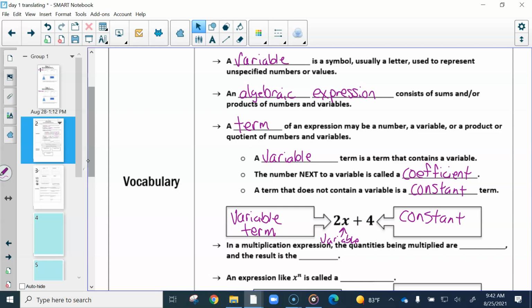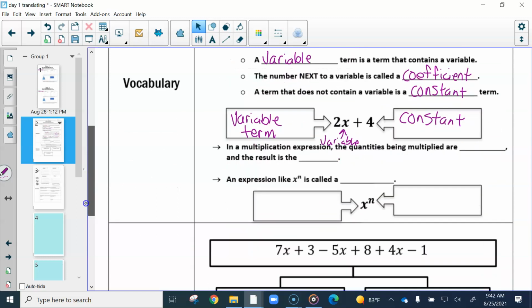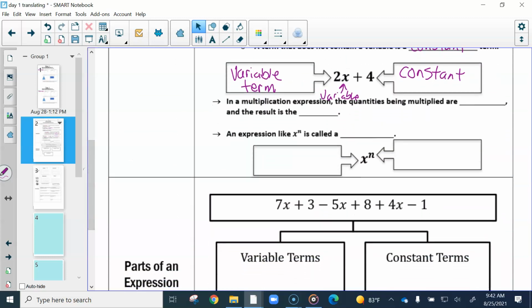The next line, in a multiplication expression, the quantities being multiplied are factors. And the result is the product.